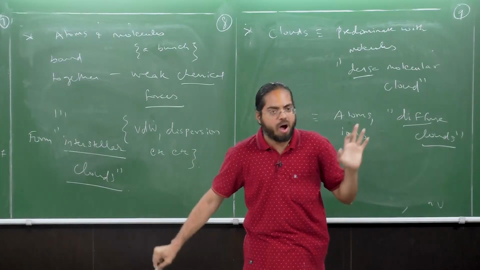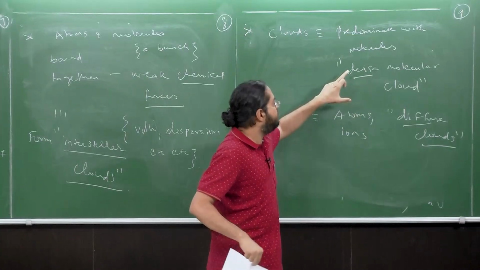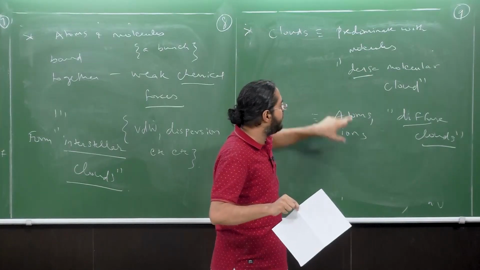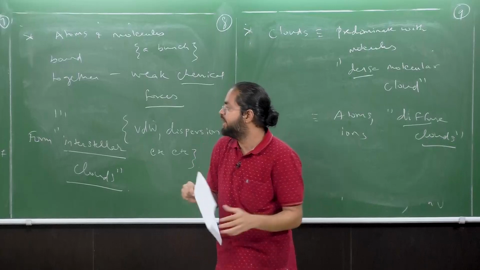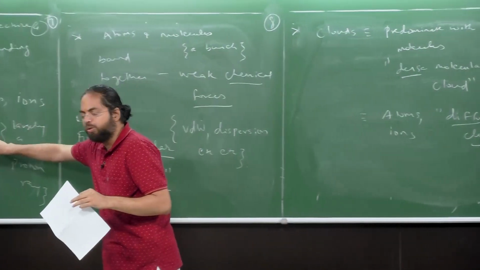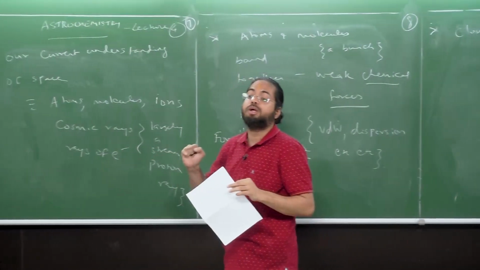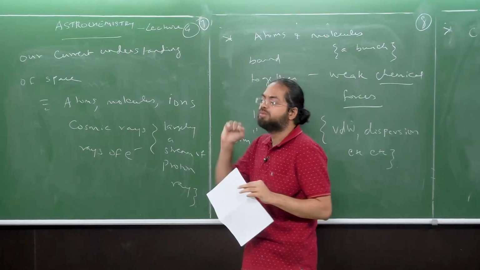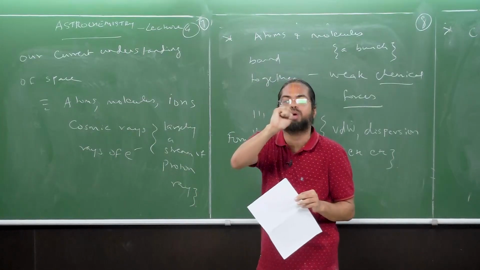Once we understand the formation of the clouds and atoms, we shall now see the important roles played by these rays in the formation of the stars themselves, and how that leads to very interesting astrochemistry.